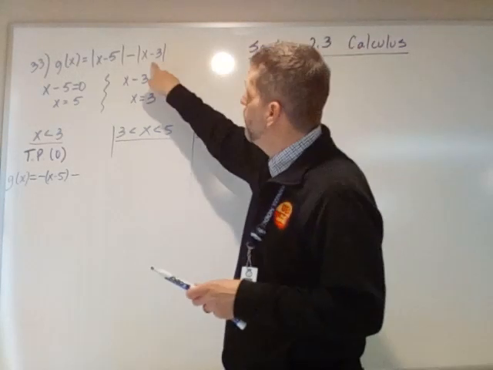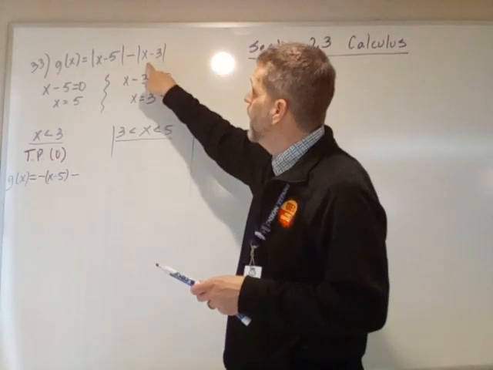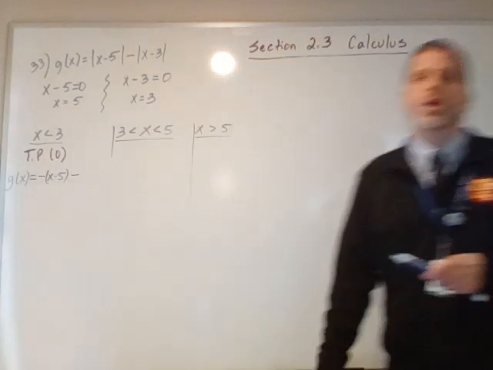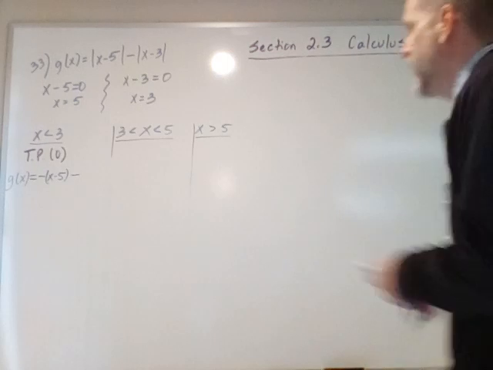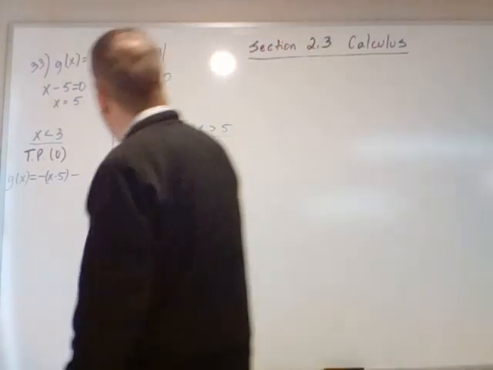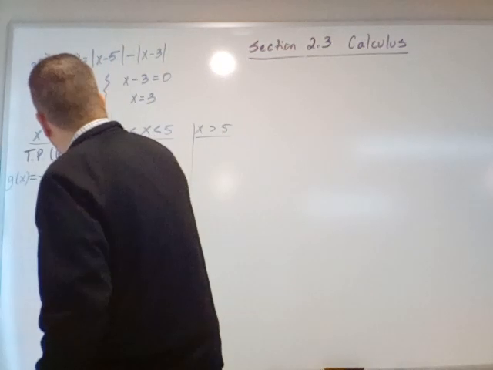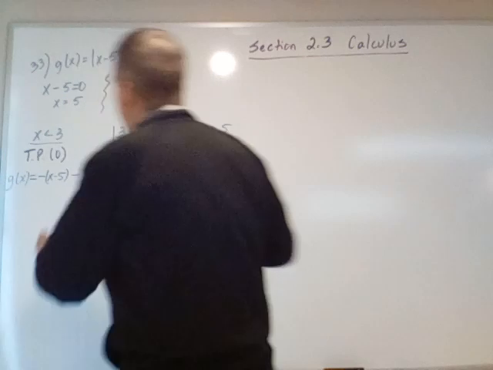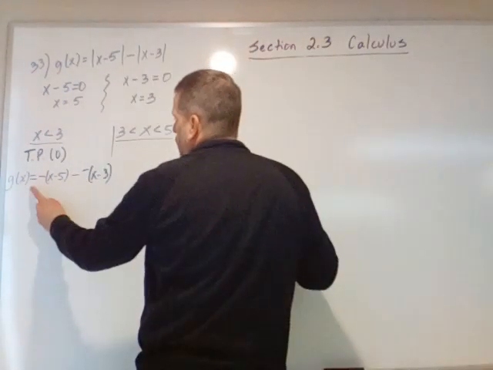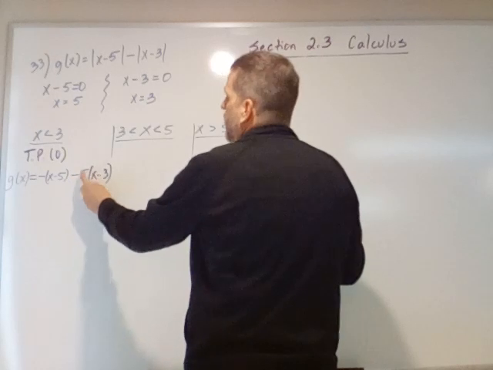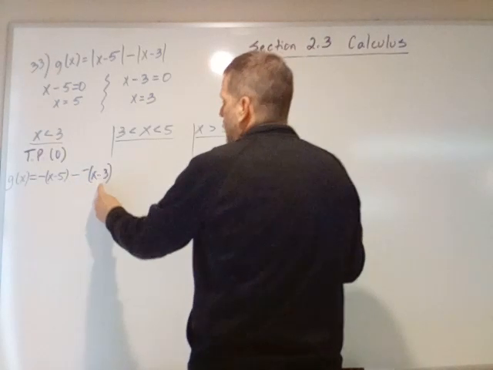Okay, so 0 minus 3, that means I have a negative 3 inside the absolute value, which tells me that the absolute value is going to take the opposite of it. We are going to mimic that behavior with the opposite sign. So now I have g of x equals opposite of x minus 5 minus the opposite of x minus 3.